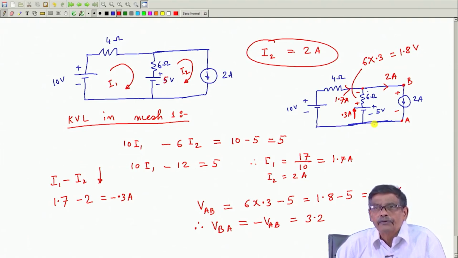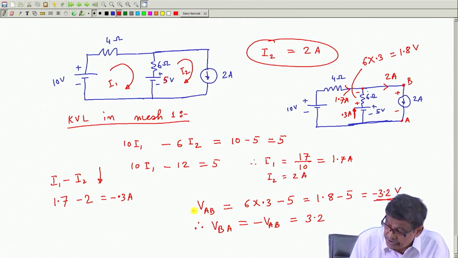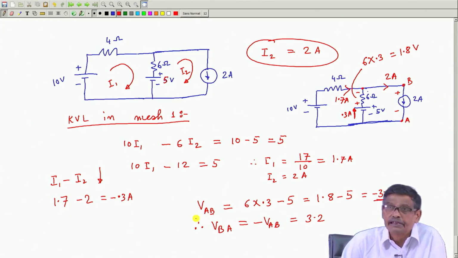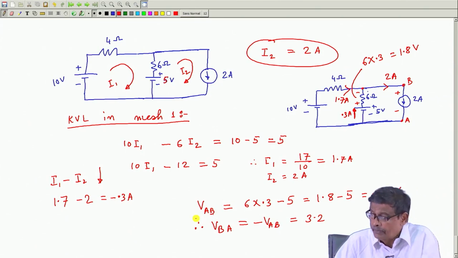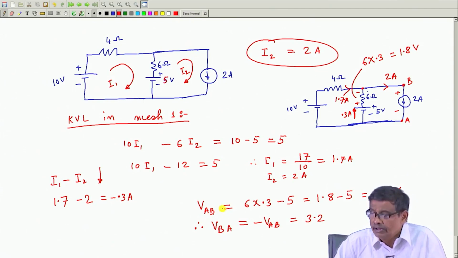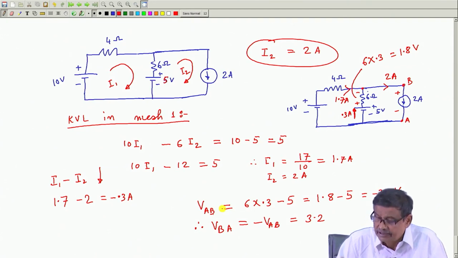So, to calculate VAB, meaning potential of A with respect to B, start your journey from B, try to reach the point A, and whatever number you get, that will be the voltage difference. If that becomes plus, that means A will be at higher potential than B. If that becomes minus, it is the other way around.